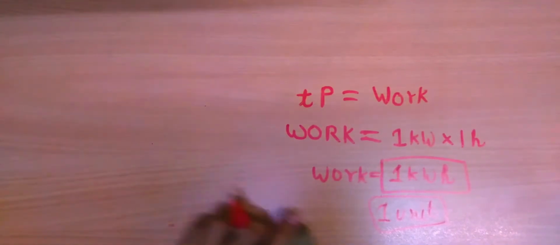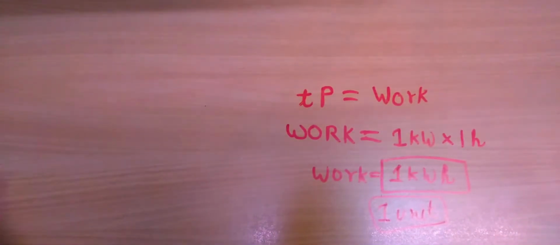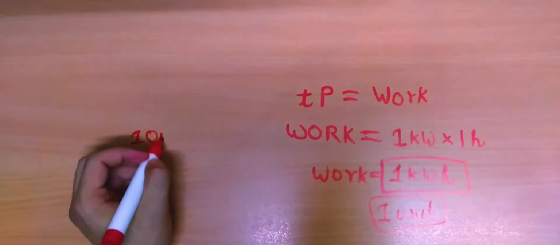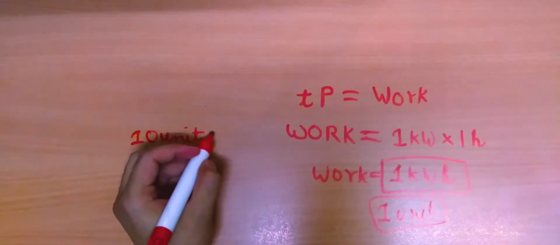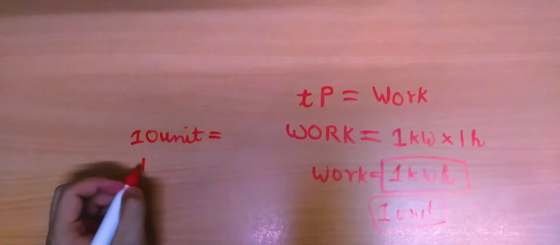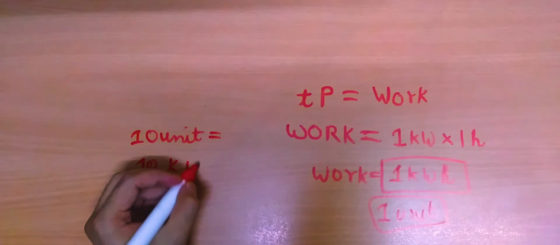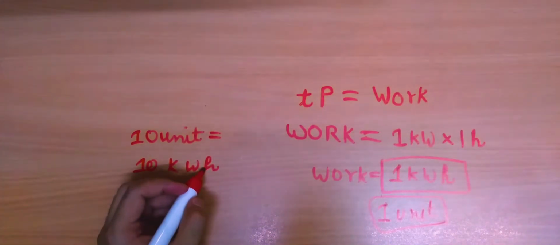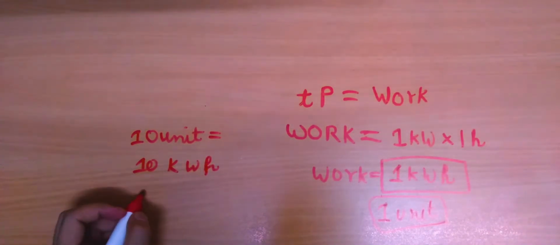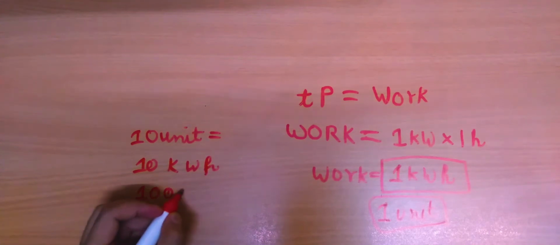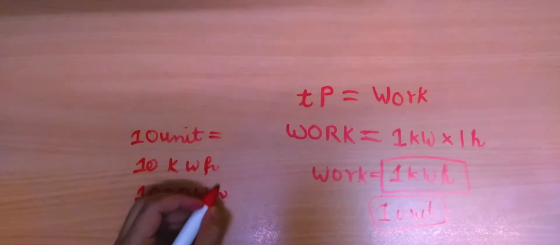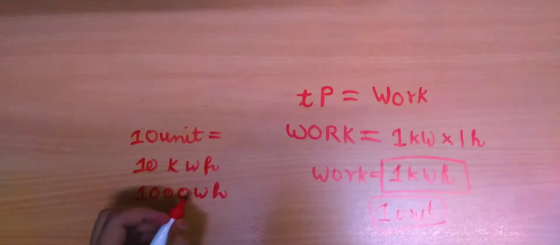And if we have to convert how many joules you used, well, 10 units is equal to 10 kilowatt hour. And how much is 1 kilowatt? That is 1,000 watt, which is the conversion factor between watt and kilowatt.